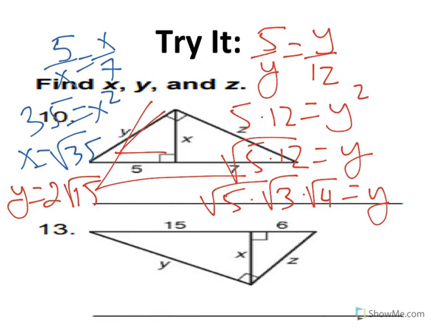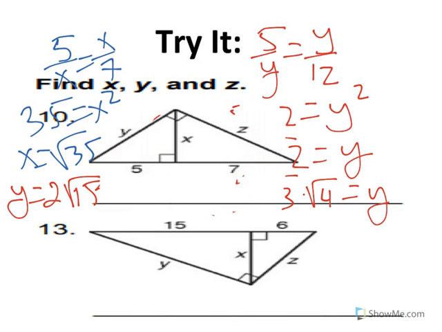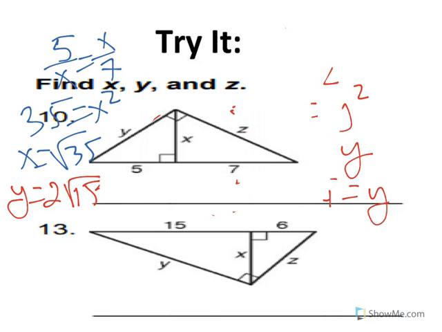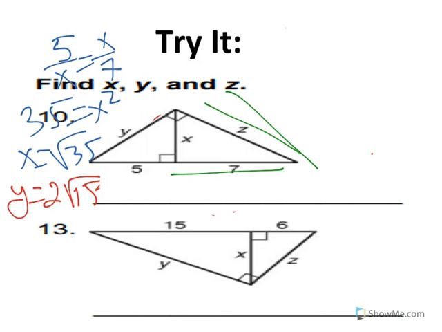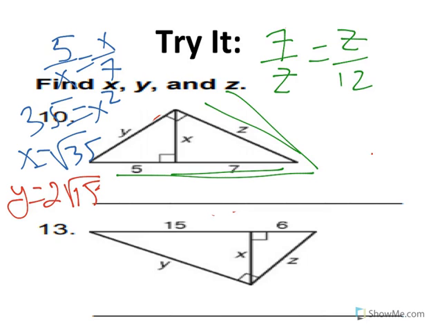Right. Okay. So let's solve for z. So start from 7 to z and z over 12. So we do 7 over z equal to z over 12.